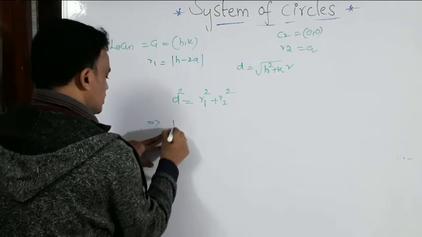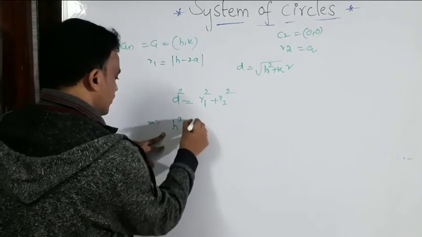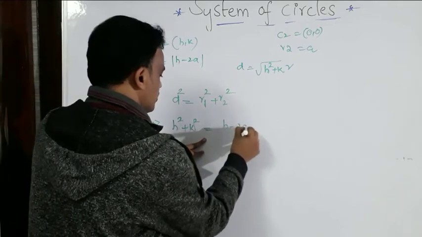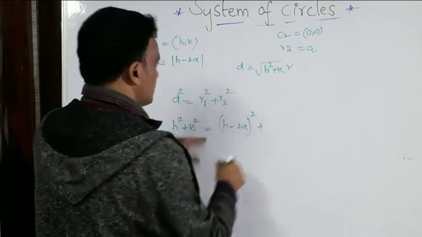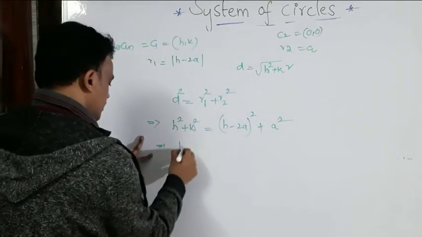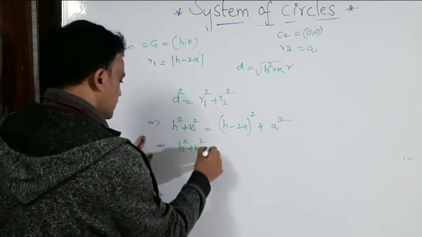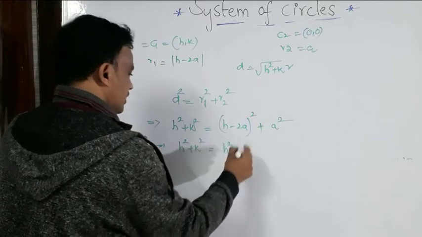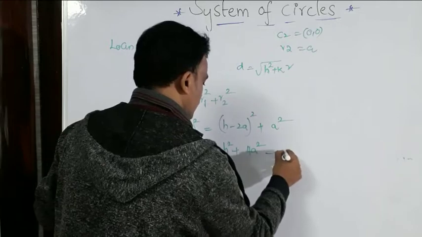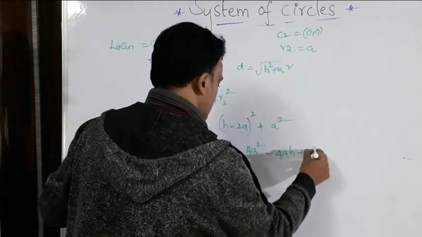D square value, which is h square plus k square, equals R1 square, which is h minus 2a whole square, plus R2 square, which is a square. Expand this: h square plus k square equals h square plus 4a square minus 4ah plus a square.